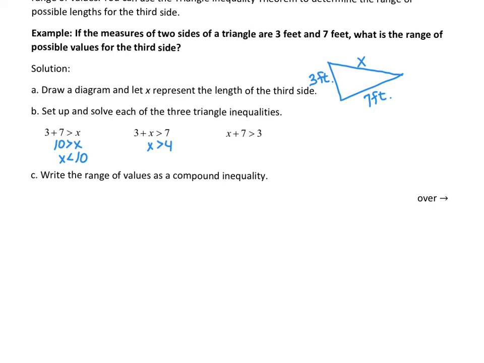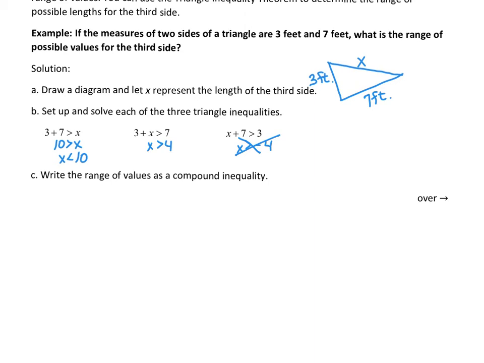And finally, the last one, when we subtract 7 from both sides, we get the inequality x is greater than negative 4. This inequality can automatically be eliminated because remember, x represents a length, and we cannot be talking about a negative length. So if we look at what remains, we have x is less than 10 and x is greater than 4. That gives us our range of values.